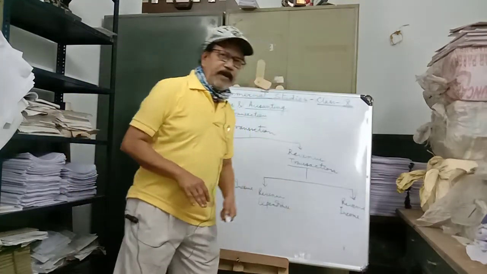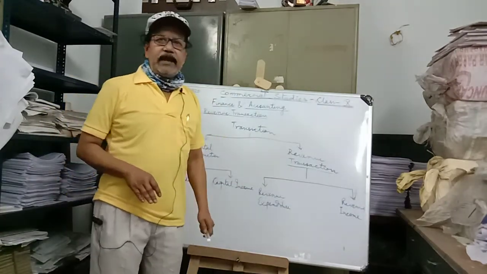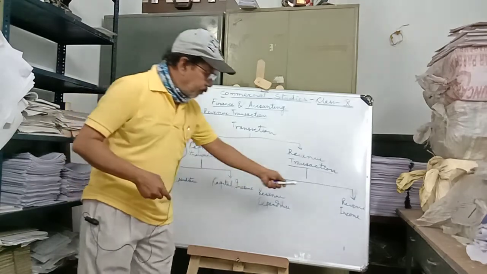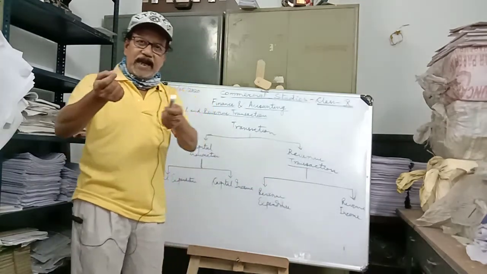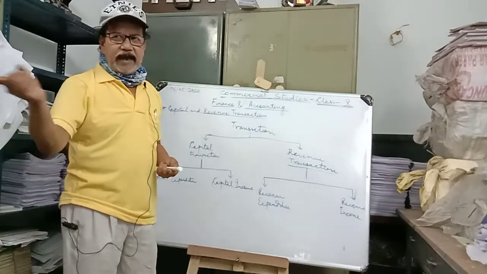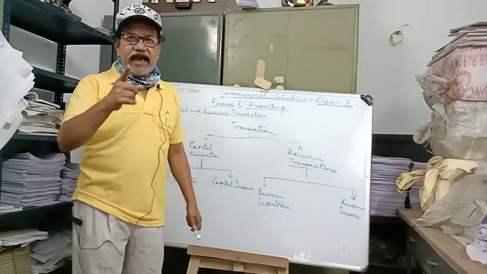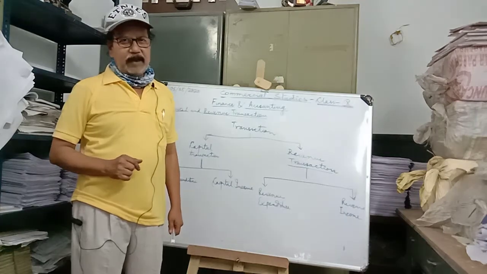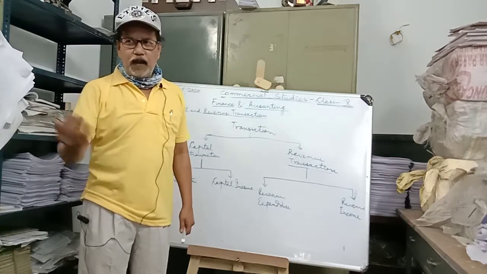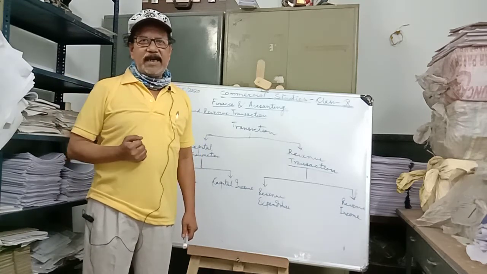Now, what is revenue income? What may be an example of revenue income? Can anybody mention it? No. Anyway, revenue income: sale of goods. We sell goods, and for that we earn some income. By selling goods, we earn certain income.